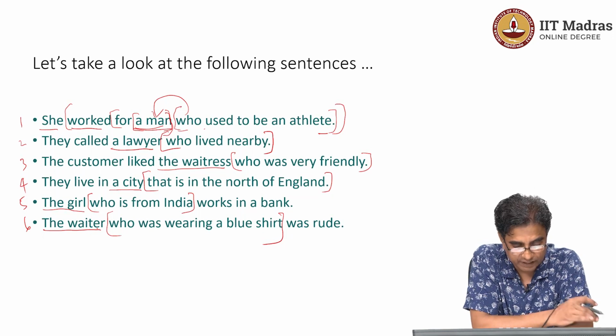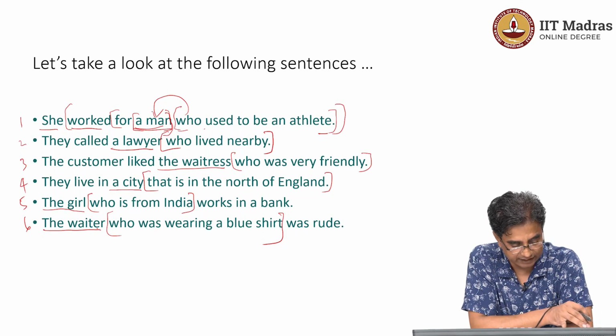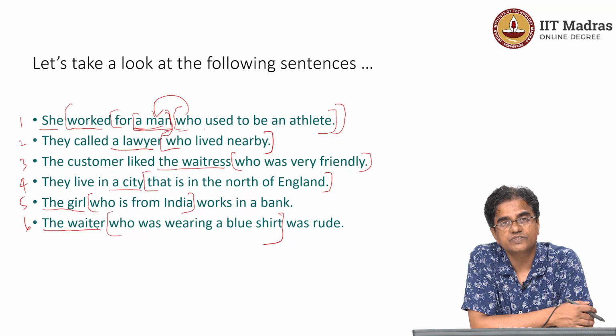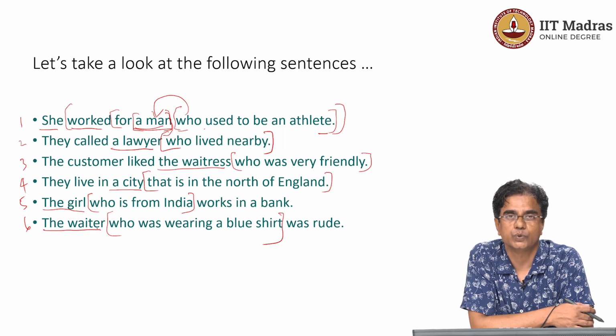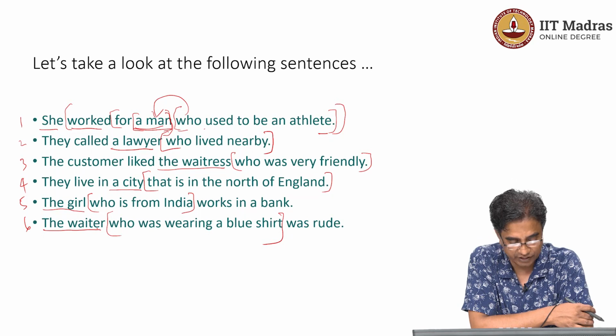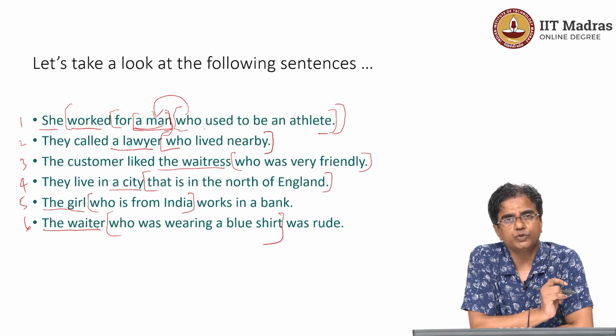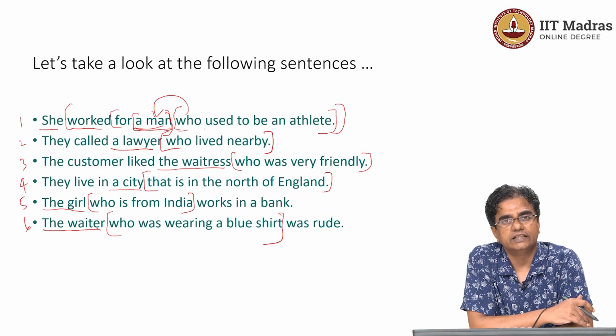You see, in these examples we have identified the nouns that are being modified. We have also identified the clauses that are modifying those nouns. Now, what do you observe about these relative clauses?